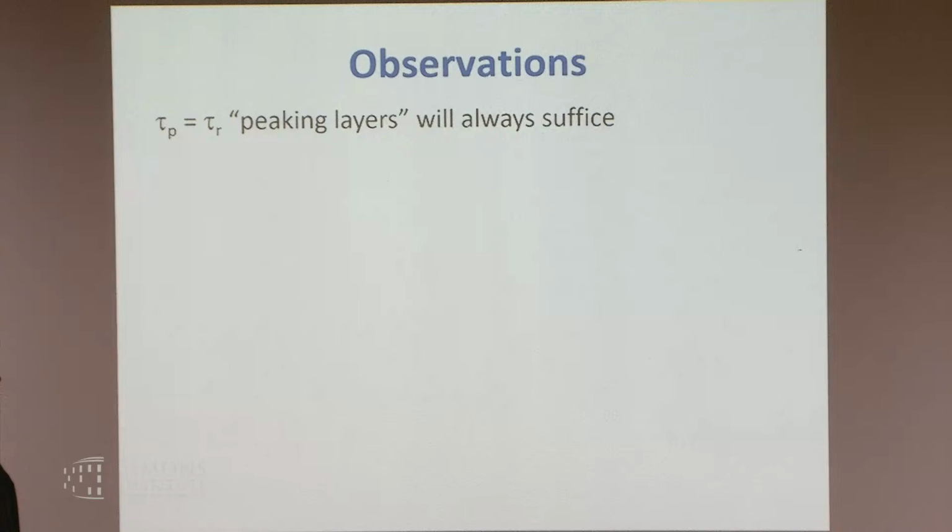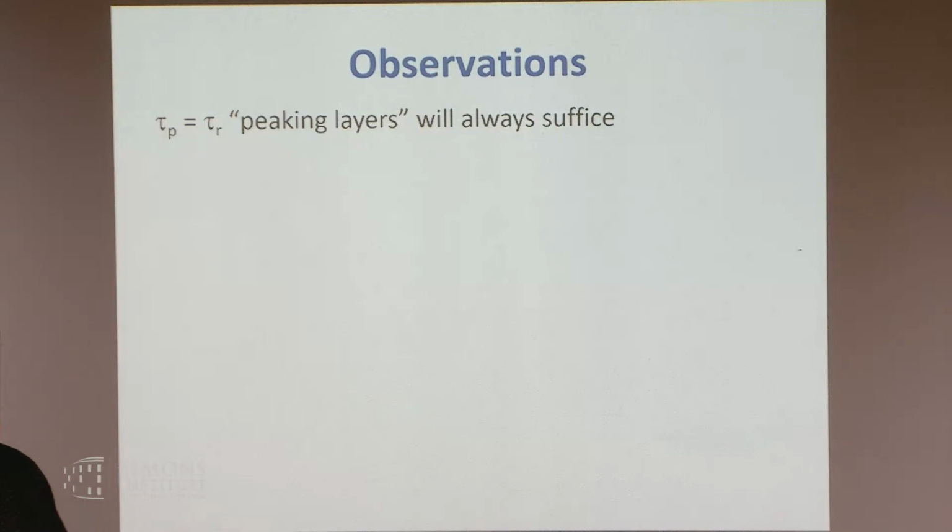Why? If they are equal, then you can always get perfect peakedness, delta equals 1, by just reversing all of the random layers. So our question is, how much peakedness can you get when tau p is much less than tau r?